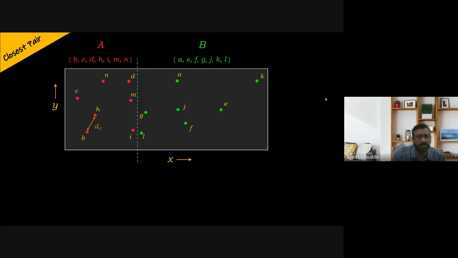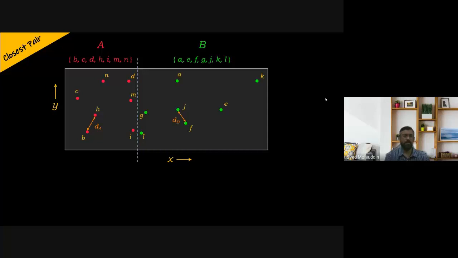Let's call this D of A. So recursively we assume that we applied this closest pair approach, dividing partition A into half, again half, again half, and found the minimum distance among all the points in A, that is the red dots, as D of A. And then with respect to partition B, assume that we divided and found the smallest distance between the pair J and F. Let's call it D of B. Then we combine.